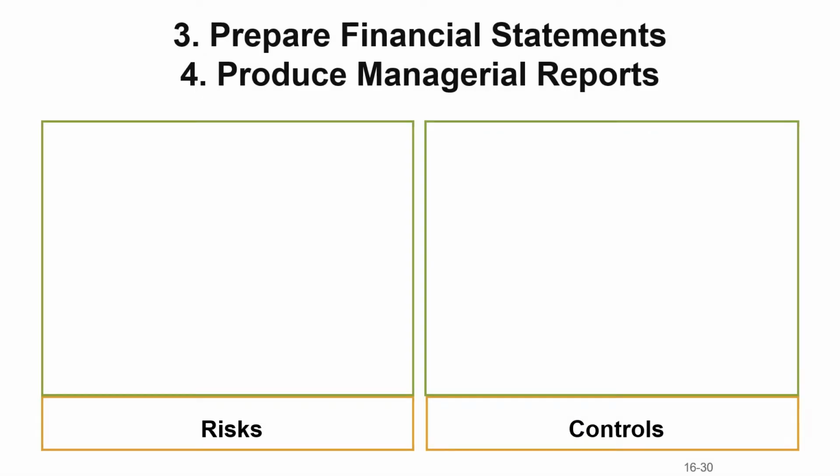For the preparing financial statement and producing managerial reporting activities, both have the same risks, because both are about preparing reports, either financial statements for external users, or managerial reports for internal or management users. So the first risk is incorrect financial statements.